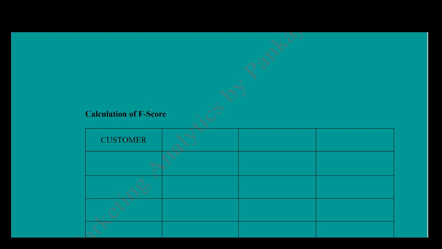So I'll write here the frequency, and then based on their frequency, I'll give them a rank, and based on rank, I'll give them an F score from 1 to 5. A score of 5 will be given to rank holder 1.